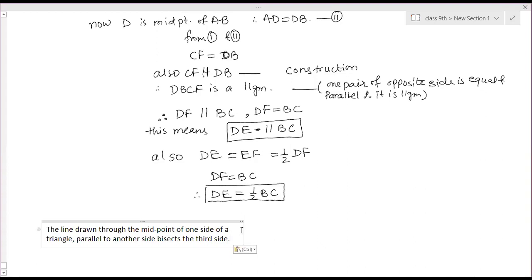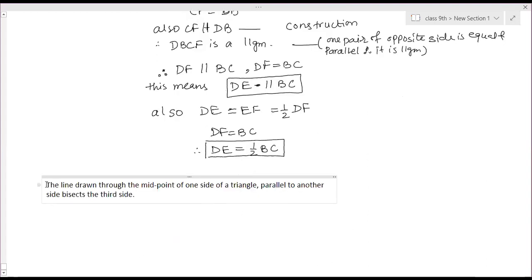So here two things have been given. A line drawn through the midpoint of one side of a triangle parallel to another side will bisect the third side. Able to understand this statement? Yes, ma'am. This is called the converse of the midpoint theorem.